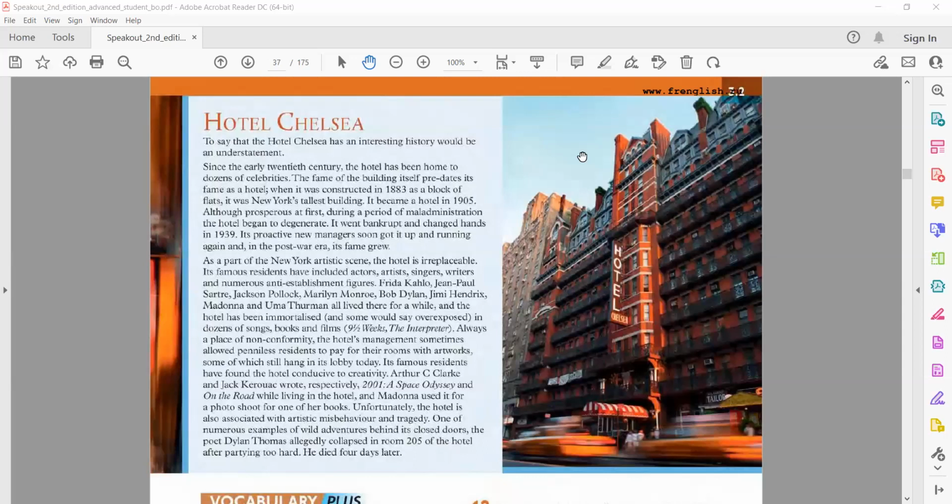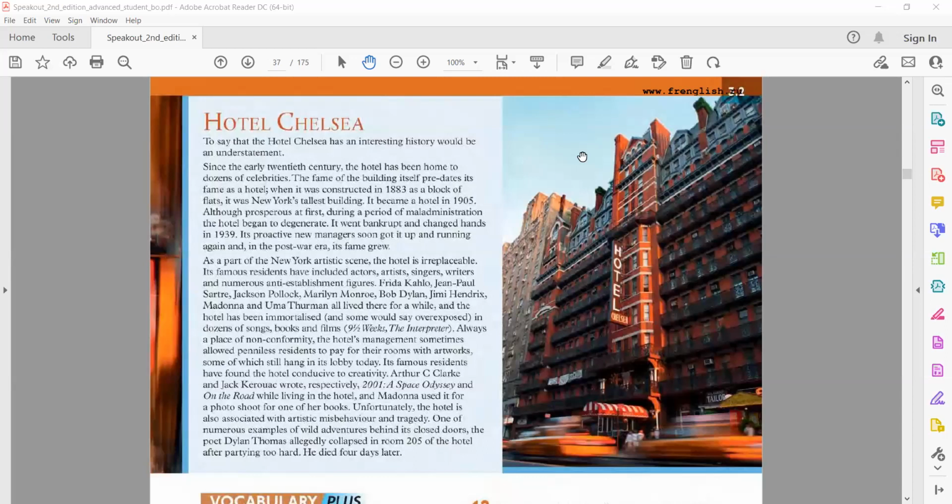Hotel Chelsea. To say that the Hotel Chelsea has an interesting history would be an understatement. Since the early 20th century, the hotel has been home to dozens of celebrities.